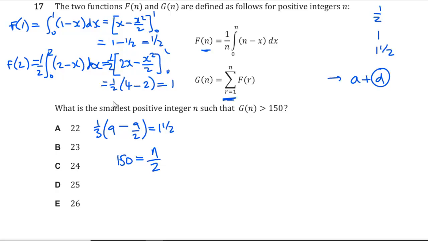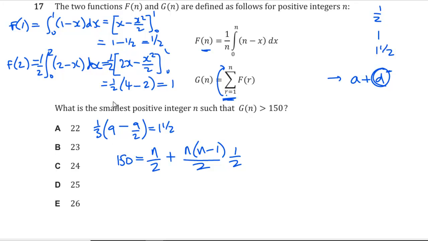I need to do the triangular number of d. So this is going up to 1 less than n, so that's going to be an n minus 1, because we don't have a d in the first term. So if we're doing n terms, we're going to have the n minus 1th triangular number, which is n minus 1 times n over 2, multiplied by a half, which is our difference.